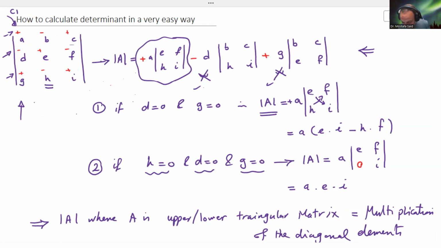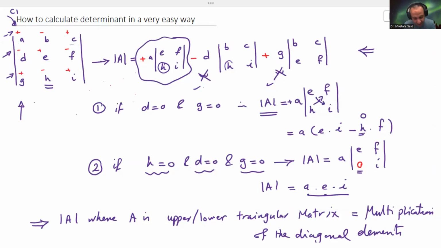But now look at the last term, which is the first term. You replace H by 0, so HF will be 0. So you end up with the determinant of A equal to A multiplied by E multiplied by I.